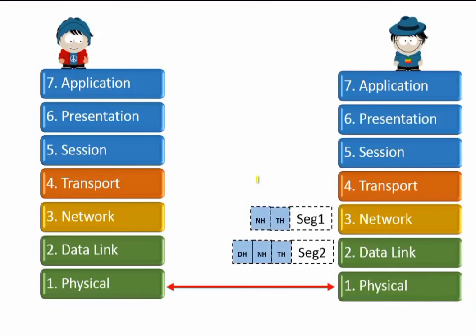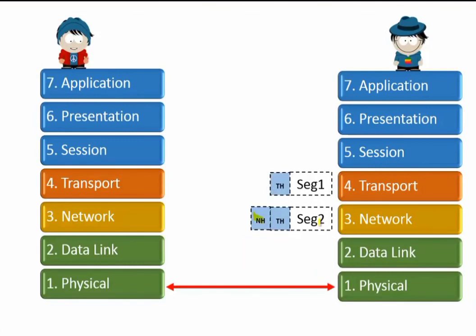Similarly, it will happen to segment 2 as well. For segment 1, when it goes to the transport layer, the network header gets removed.